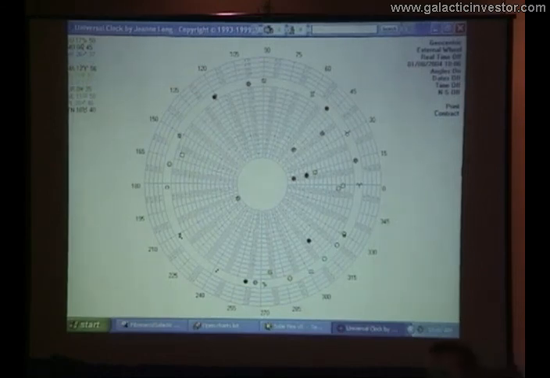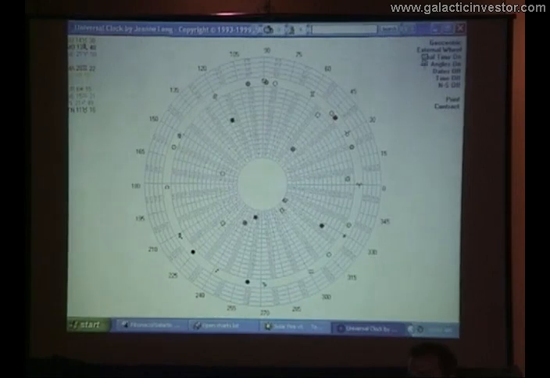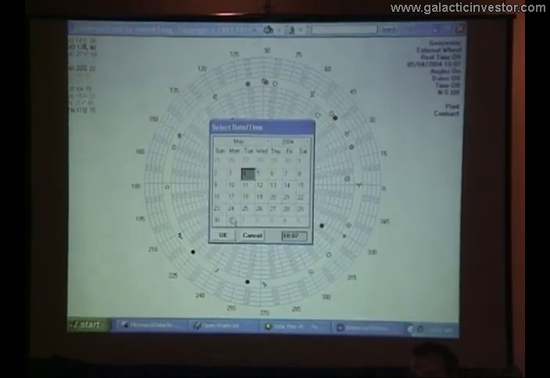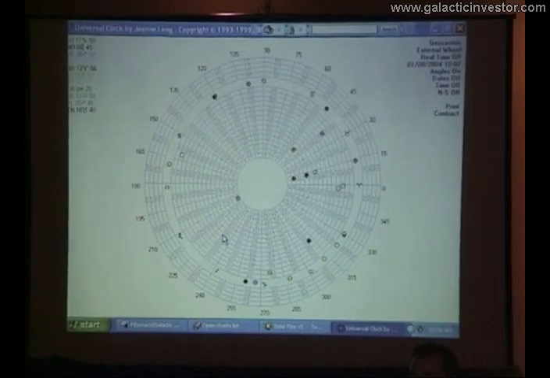If you want to adjust the date, I have the real-time version, Fibonacci Galactic Trader. You just click on real-time, real-time off, then click on the date, and then you can select the date. I'm going to January, I think it was around the 8th. And I circled this point, the 24 line.